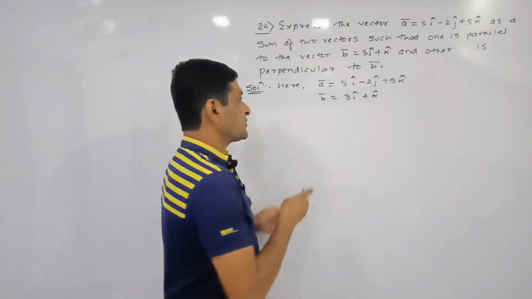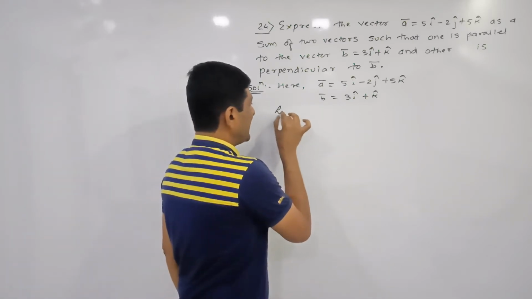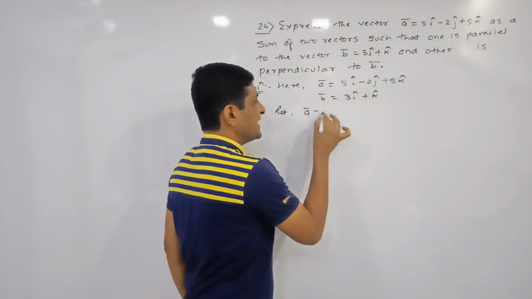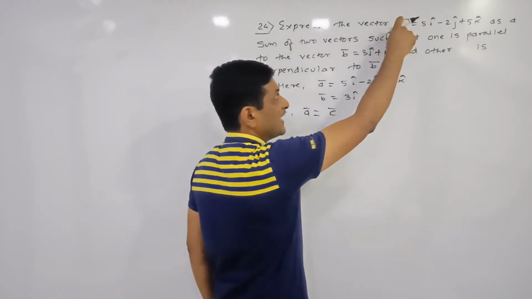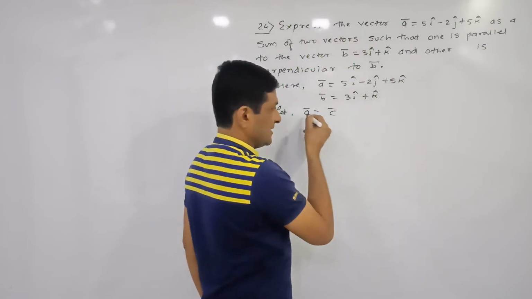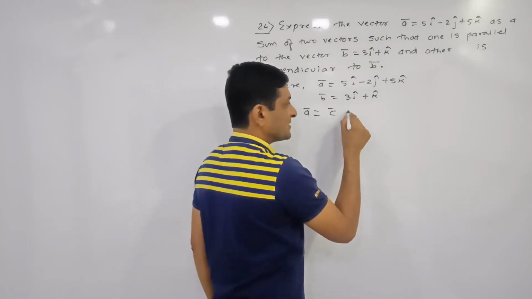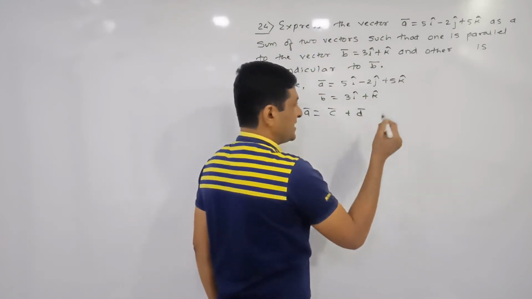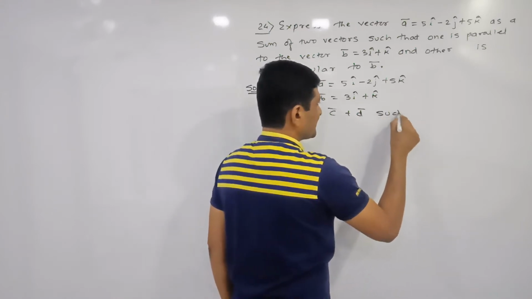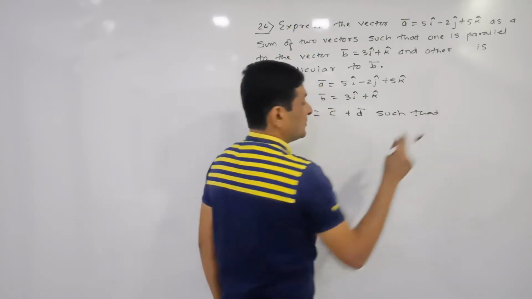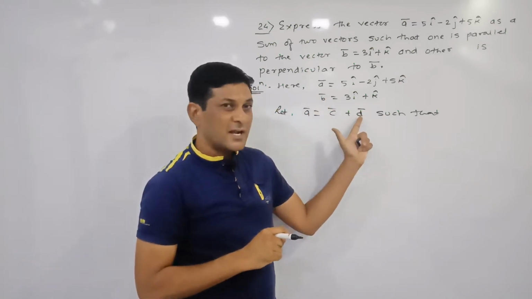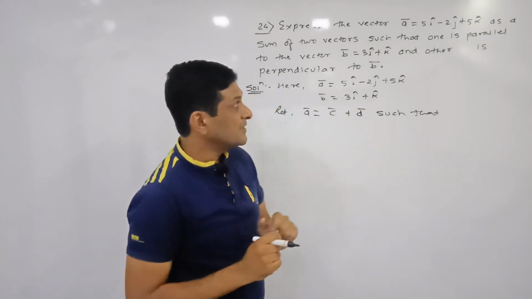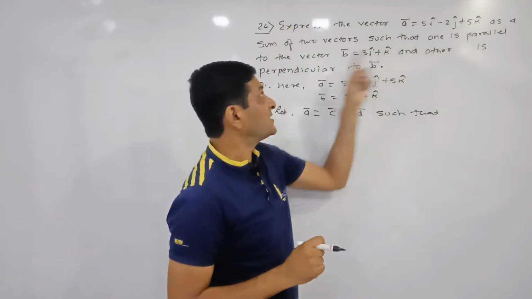D bar. So here I am supposing that A bar will be expressed as the sum of two vectors. The question is to express this A bar as the sum of two vectors, C bar and D bar, such that one of them is perpendicular to B bar and another is parallel to B bar.